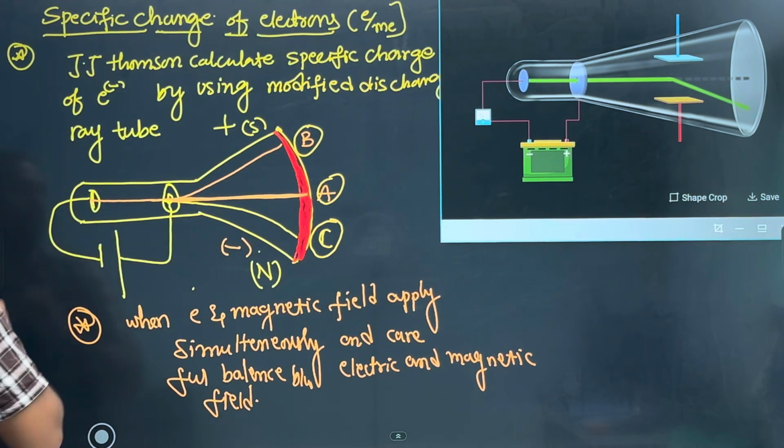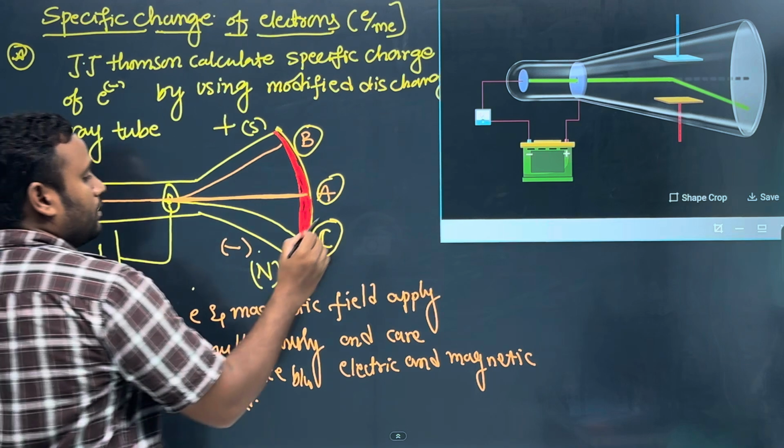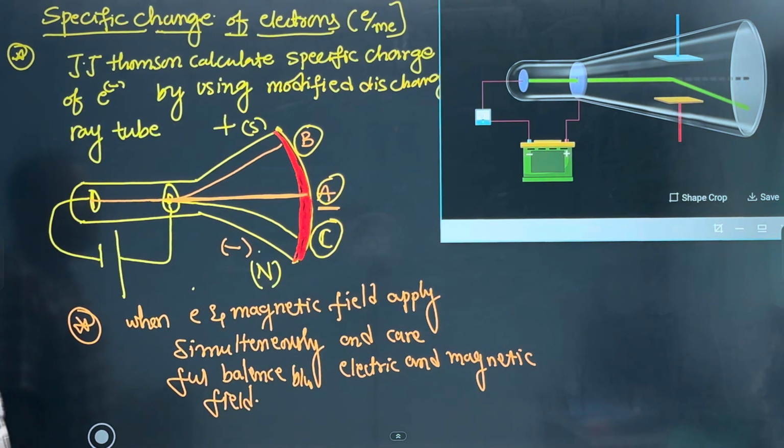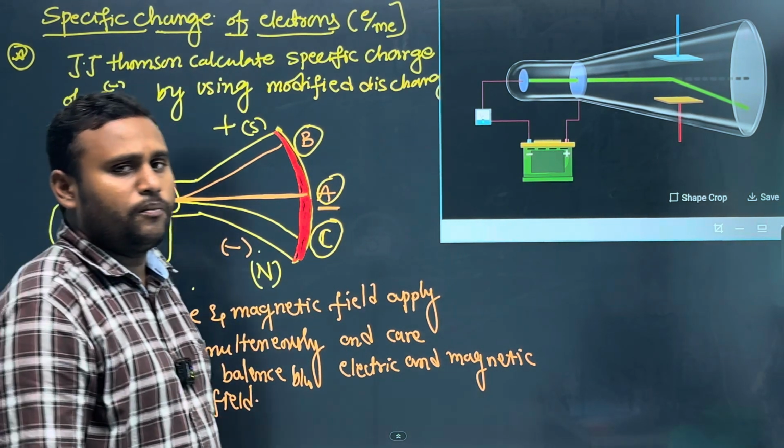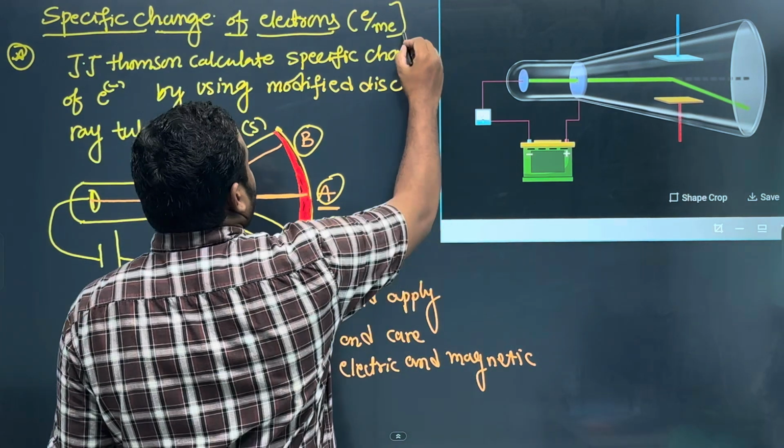Again, how are they traveling? In a straight line, hitting at point A. By observing all these phenomena, he was able to calculate the specific charge.